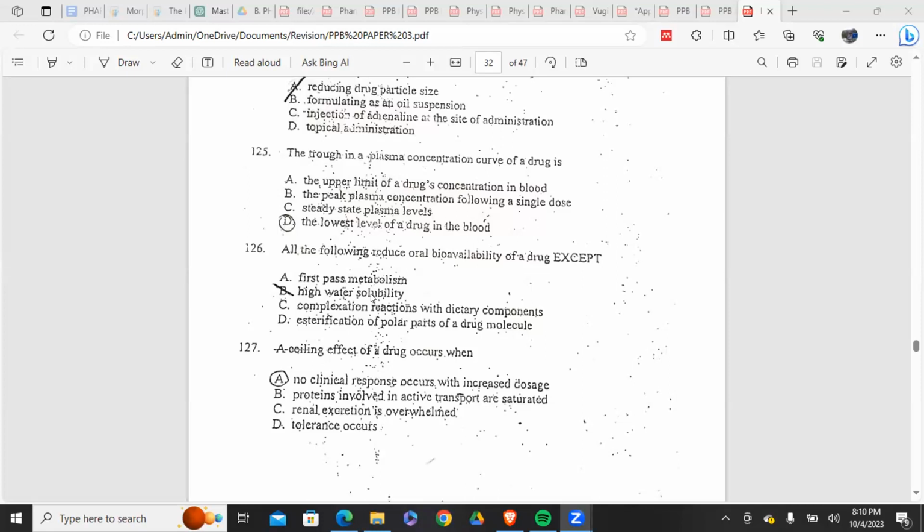Lakini mimi mambo ya esterification hiyo nayo sijui. Lakini ukitumia elimination utabaki tu na B. Do you agree? No, I'm not sure. I don't know what D does. Tulienda na B though last time tulipitia hii swali.